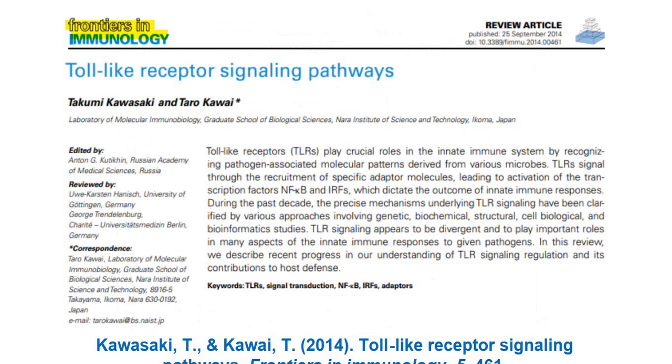It was a review article which covered the Toll Like Receptor signaling pathway. This was many years after the Nobel Prize was awarded. This is a fantastic review. You can go through it to get a gist of the entire pathway without referring to some 15 or 20 papers. Frontiers in Immunology published the Toll Like Receptor signaling pathway, and a part of the history I have taken from this paper.